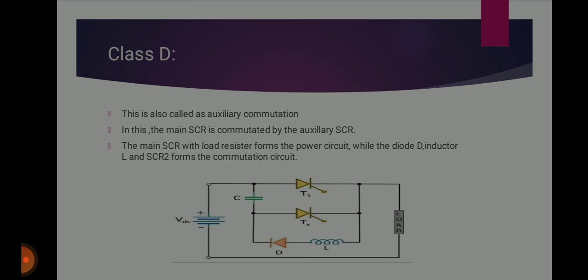In this, the main SCR is commutated by an auxiliary SCR. The main SCR with load resistor forms the power circuit, while the diode D, inductor L and SCR2 form the commutation circuit, as we see in this diagram.